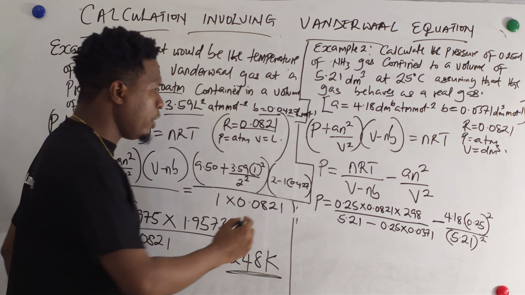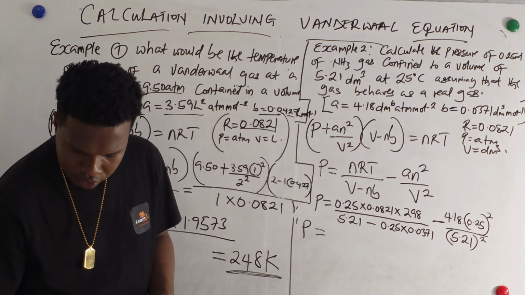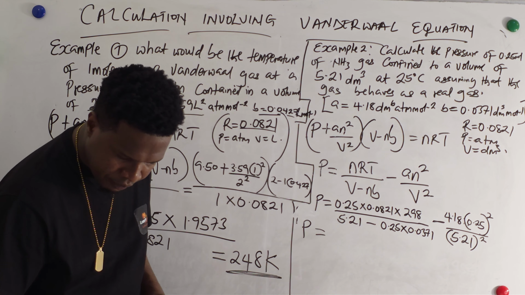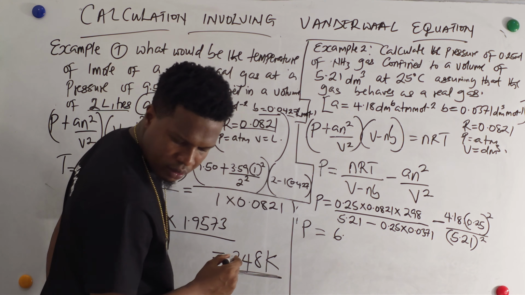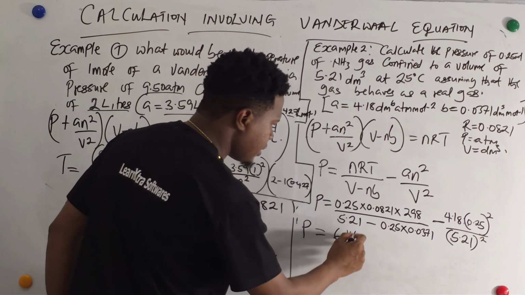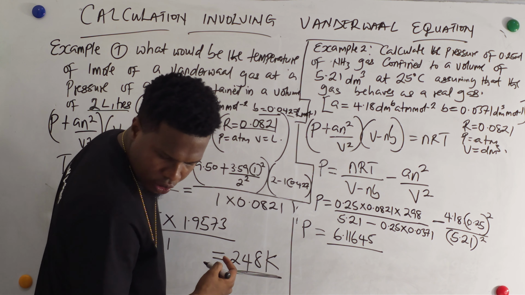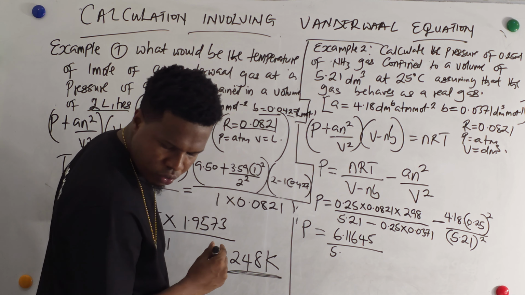So when you punch this out, the pressure becomes, if you press everything here, 6.11645 all over everything here, you will get 5.2007.